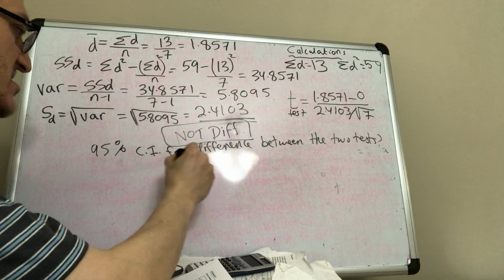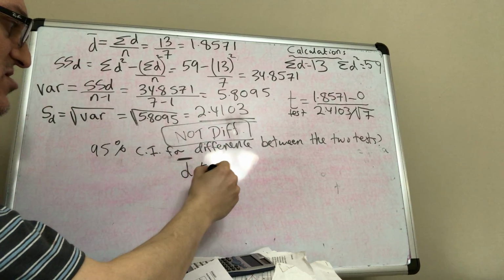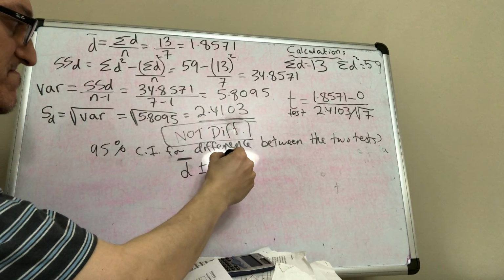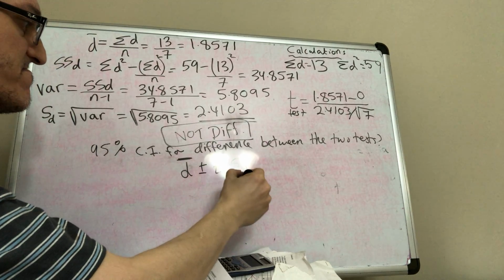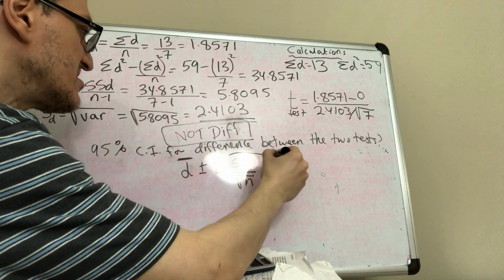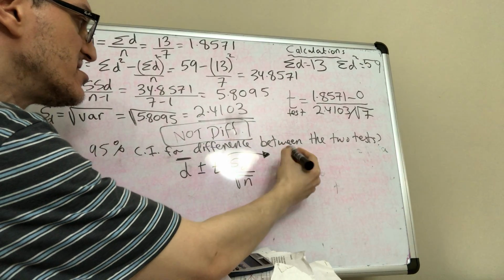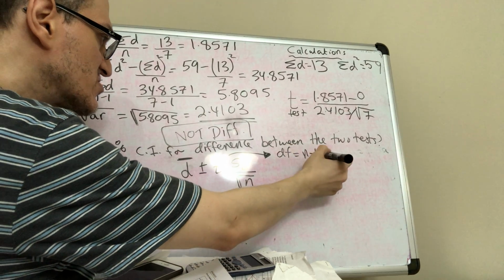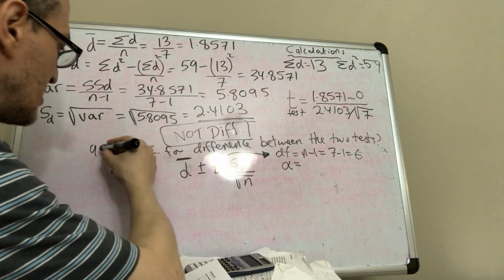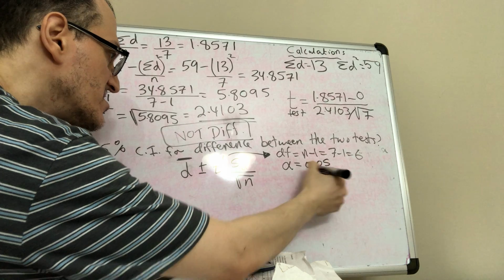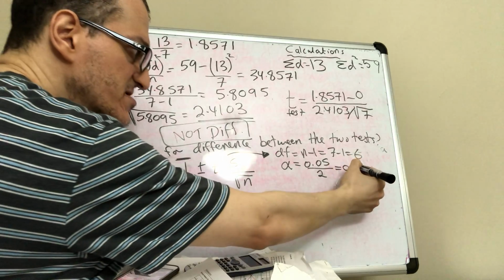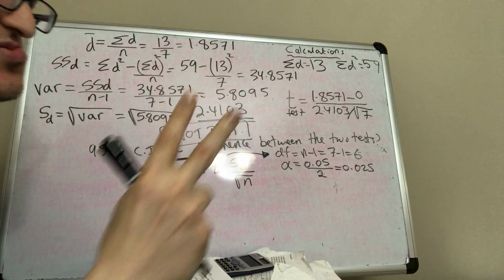Then for a dependent system the confidence interval, or plus minus formula, is d bar plus or minus t star sd over square root of n. To get t star, you need degrees of freedom. It's n minus 1, 7 minus 1, 6. You need alpha. 95, alpha is 5. And you divide it by 2, because all confidence intervals are divided by 2. They're all two-tailed systems.